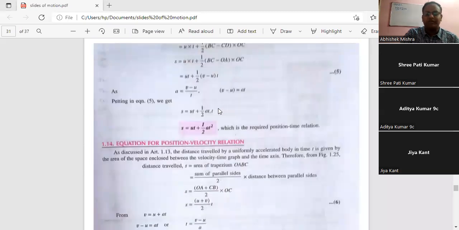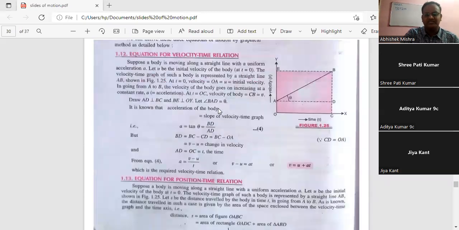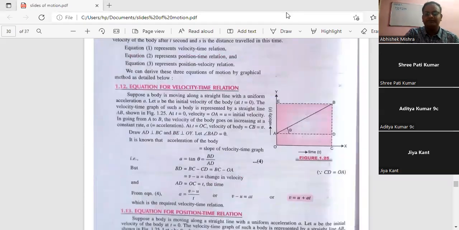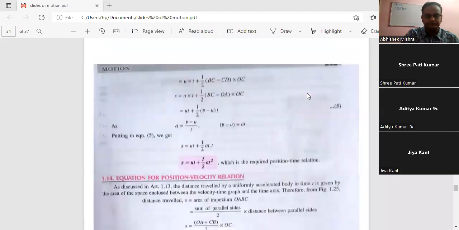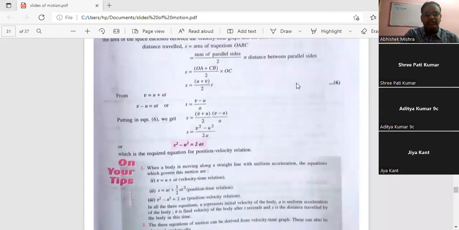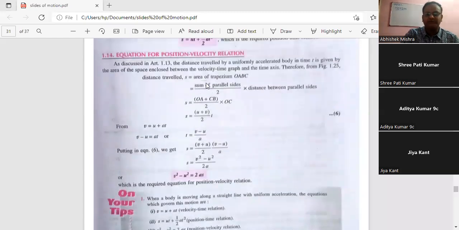Definitely, it is the area of the trapezium OABC. See the trapezium OABC. So for this area, again I'm coming back to the diagram. Area of the trapezium, how will we get it: sum of parallel sides divided by 2 into the distance between the parallel sides.